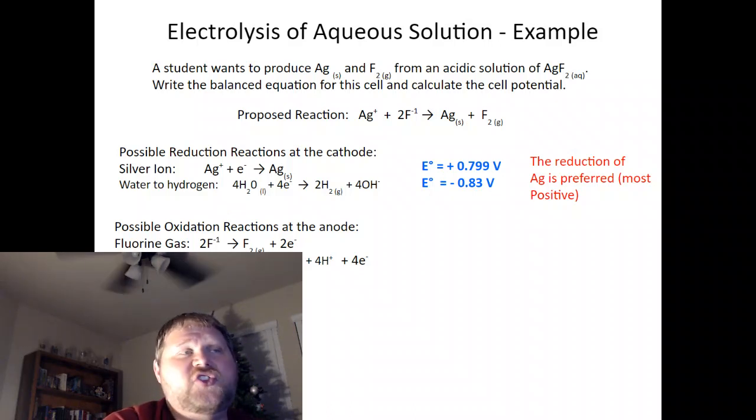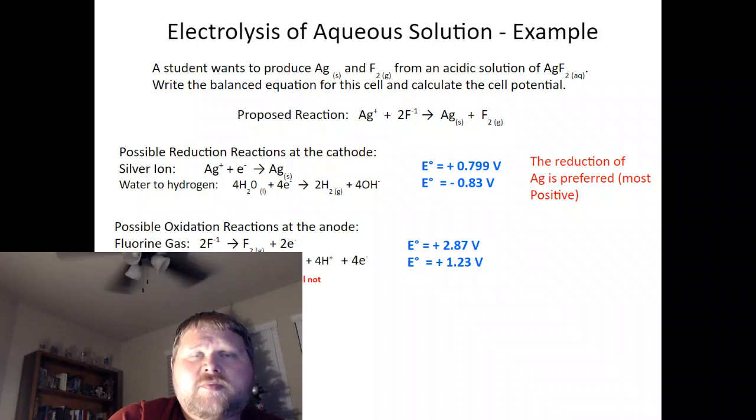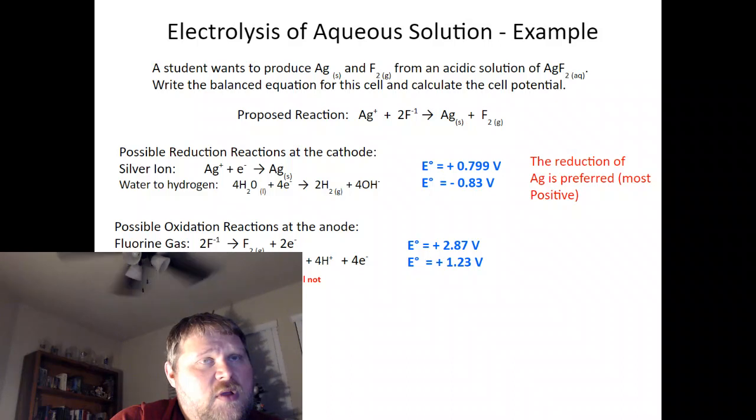Okay. Well, let's check out the cell potential, the reduction potentials. Fluoride to fluorine is positive 2.87. Water to oxygen is 1.23. Now remember, this is the anode. I don't want the most positive, that's the cathode. For the anode, I want the most negative.